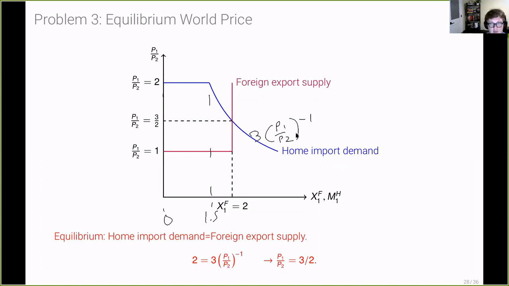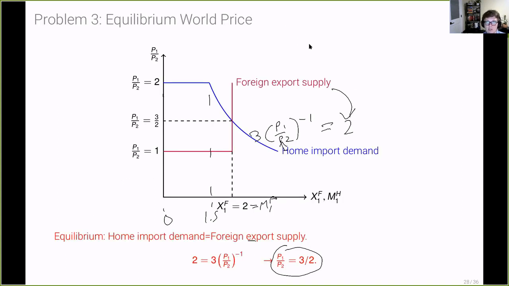The intersection is given where foreign's export supply, which is 2, is equal to home's import demand, which is 3 (p1 over p2) inverse. And so that's going to give us the relative price of p1 over p2 equal to 3/2. And then, of course, at that price, we can just see that exports, which are equal to imports, are going to be given by 2.